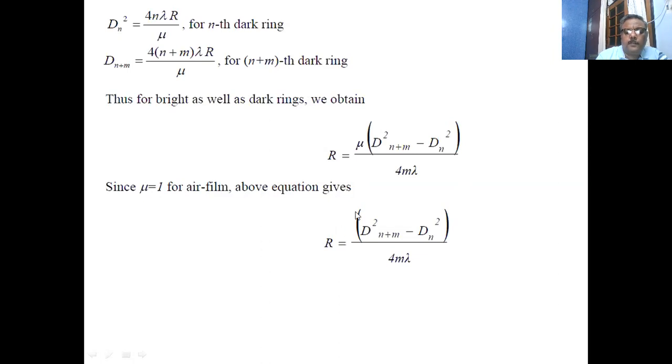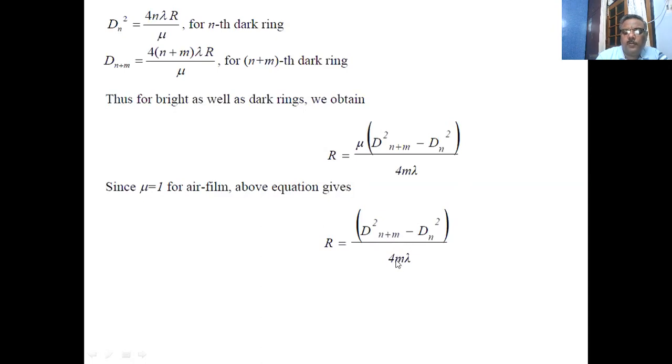So if we know the radius of curvature of the lens and calculate the diameter of the nth ring and the (n plus m)th ring, we will know the difference between them. Like this is the fourth ring and this is the sixth ring, so m will be equal to 6 minus 4, that is 2.